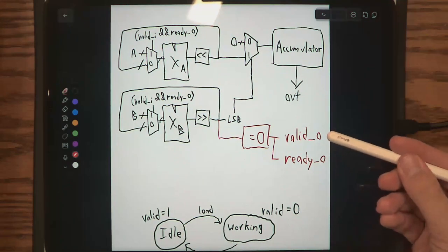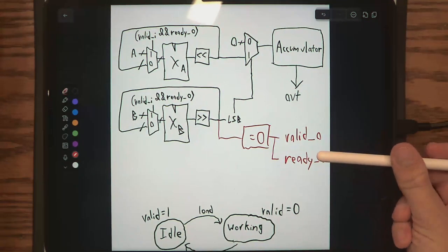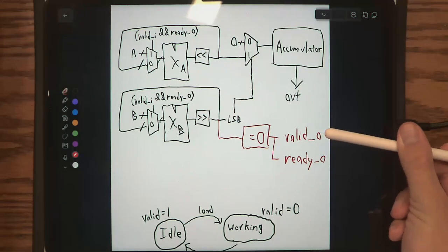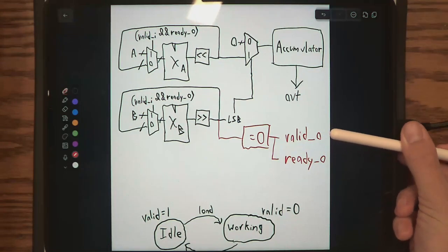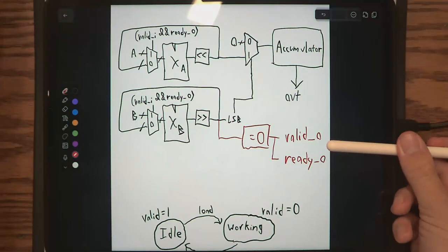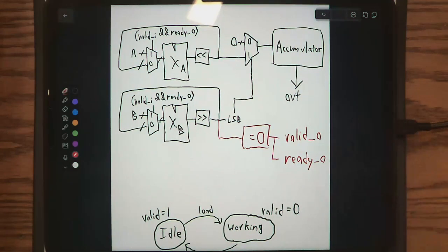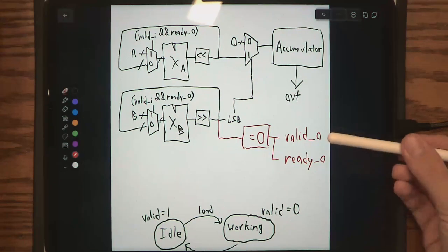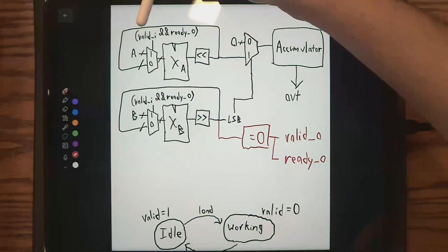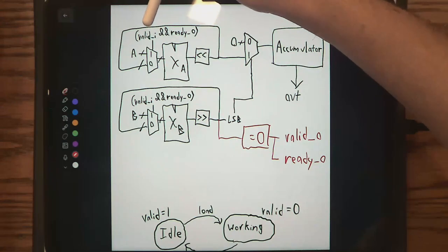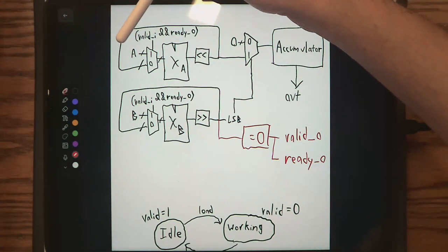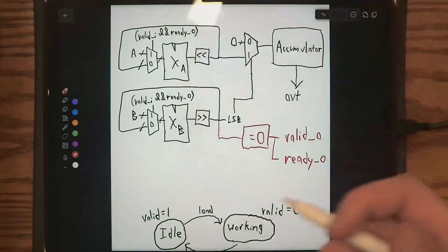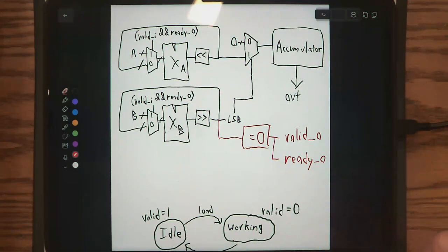But if we're also sending a valid out signal, then what is the final signal that we are probably missing here? Yeah, valid underscore I. So we have valid underscore I given as an input. What's the other one?